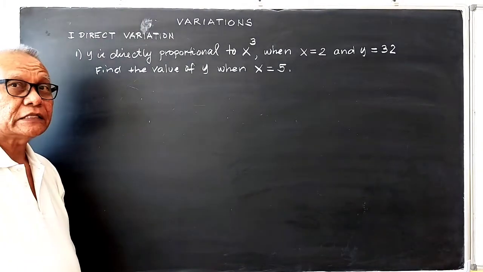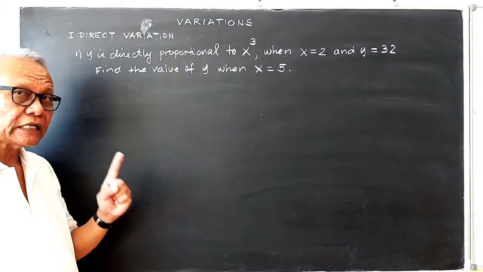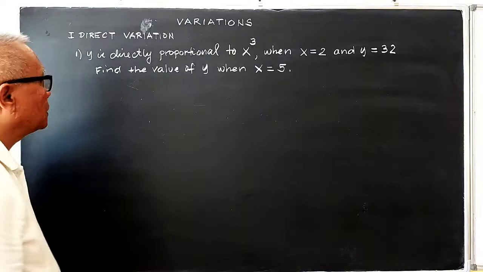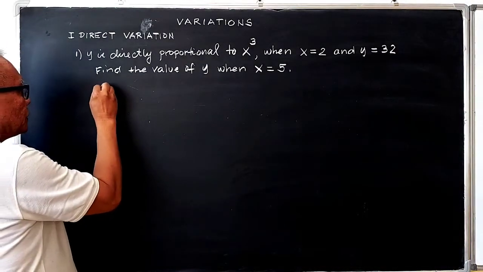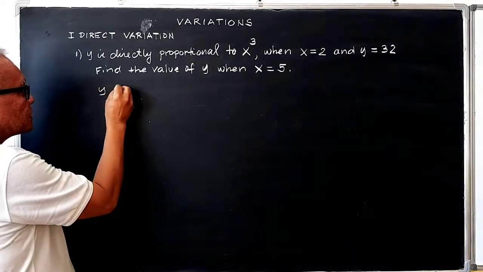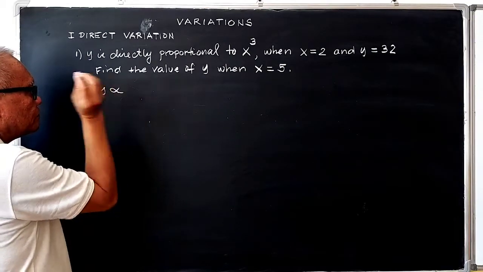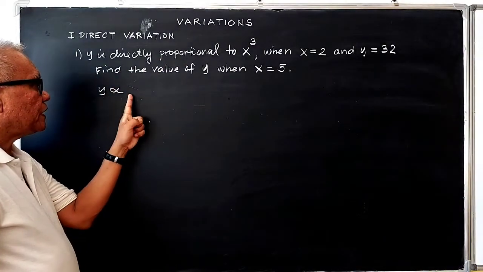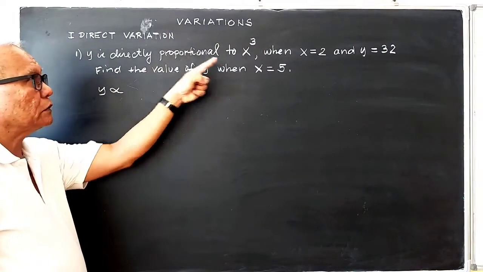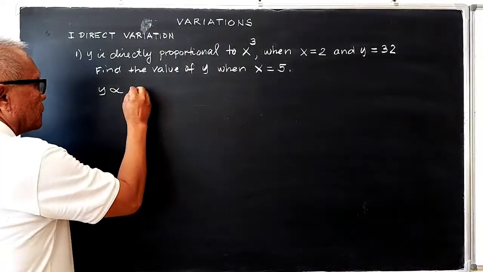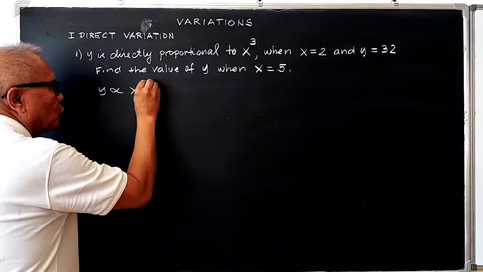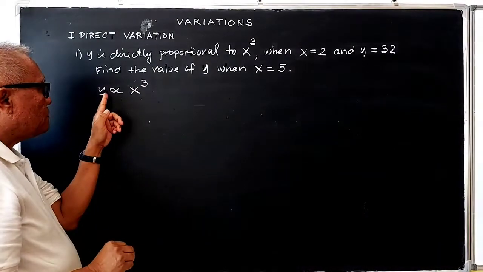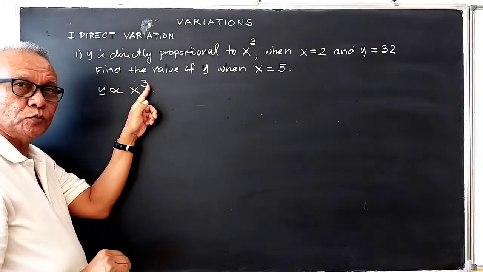First, we write it in symbol. We know it is directly proportional, or this one is a direct variation. So y, let's put the y here, and the symbol of variation is that one, directly proportional, meaning we are going to write here that x cubed. So we have x cubed, same line, y varies as x cubed.